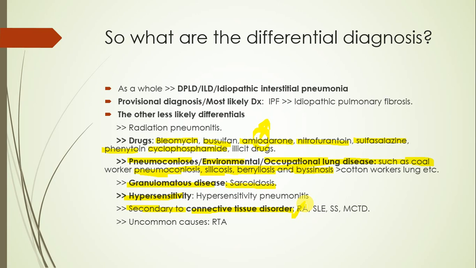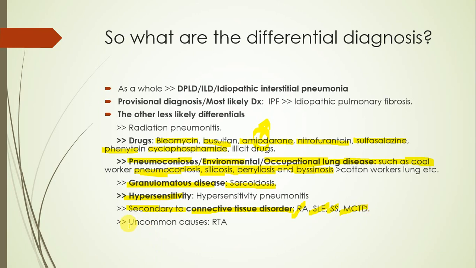Very unlikely in this patient as the patient didn't give any history of joint pain or joint stiffness, especially involving the small joints of the hands. SLE, the patient didn't give any history of a rash or arthralgia. Systemic sclerosis, the patient didn't give any history of tightening of the skin. Mixed connective tissue disorder, probably unlikely.